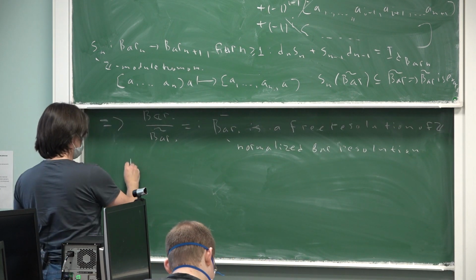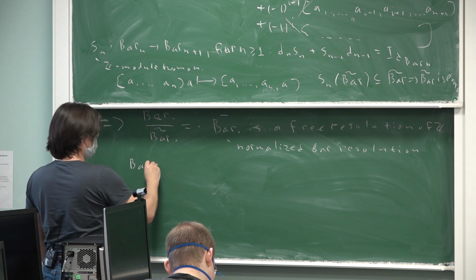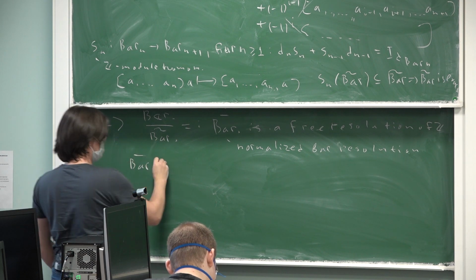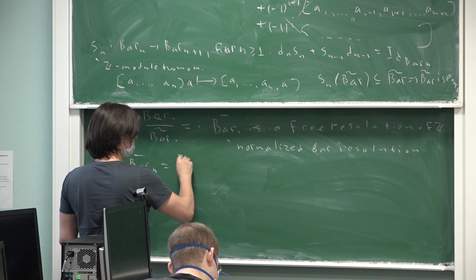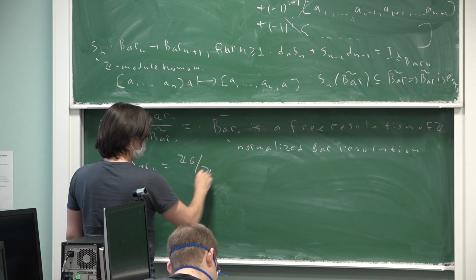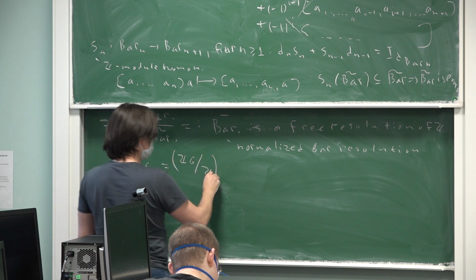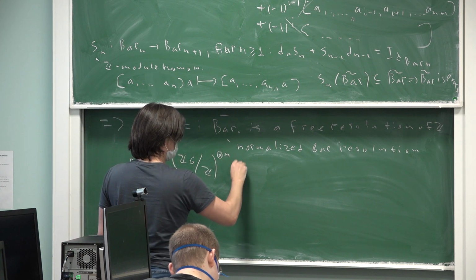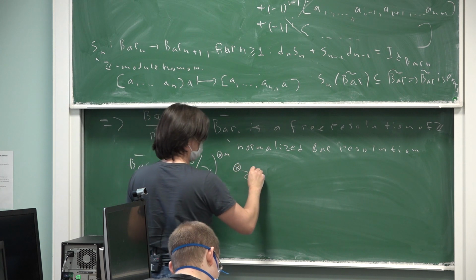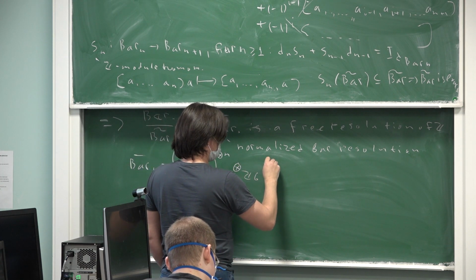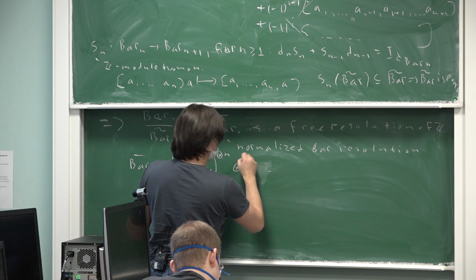So in fact, bar n is simply ZG factor Z as a Z-module, tensor n, tensor of ZG, tensor ZG.